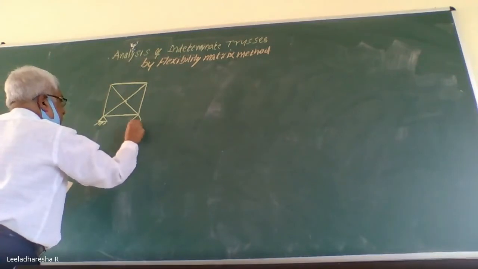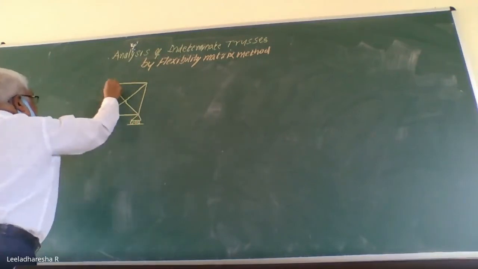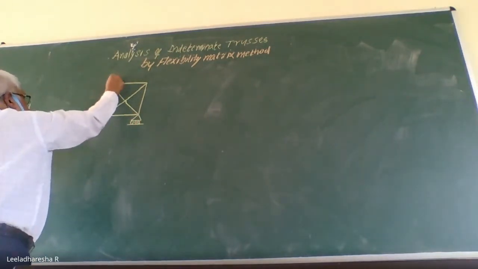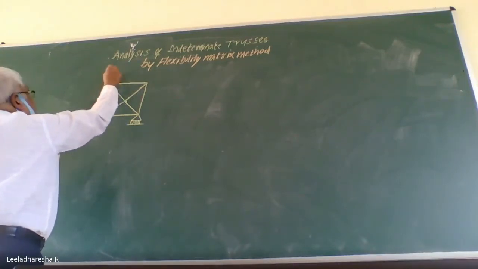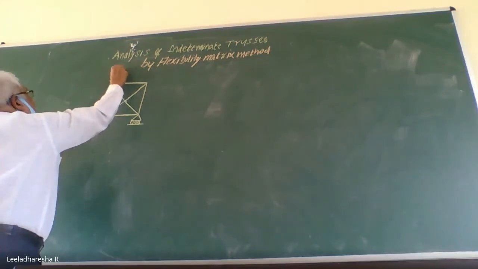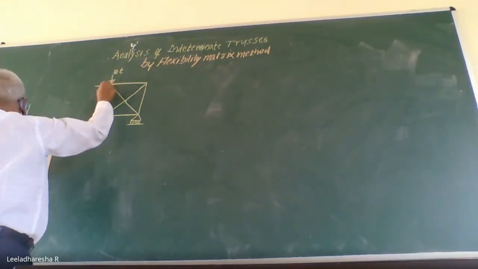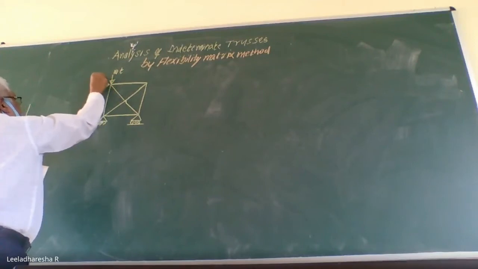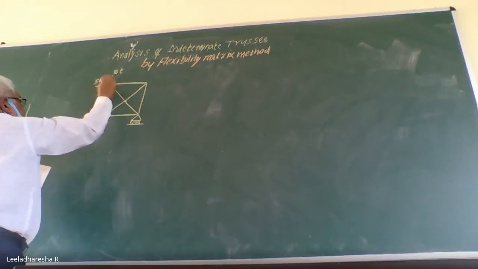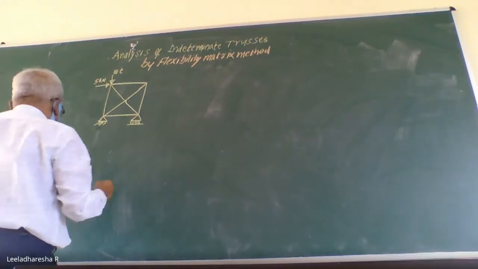External loads acting on the truss are 10 tons and a horizontal force of 5 tons. These two are the loads acting at this particular time.